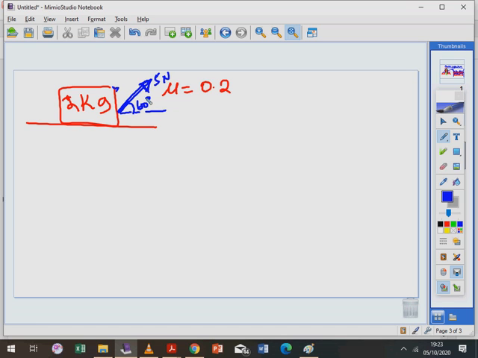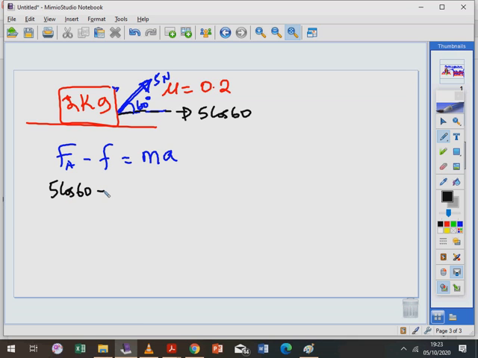First of all, if he's going to move the block, then the force that he's using to pull, the applied force minus the friction force, will equal mass times acceleration. The applied force is acting at an angle of 60, so we'll only use the component of the force acting horizontally, which will be 55 cosine 60. So I have 55 cosine 60.